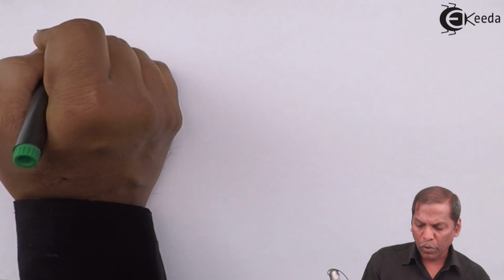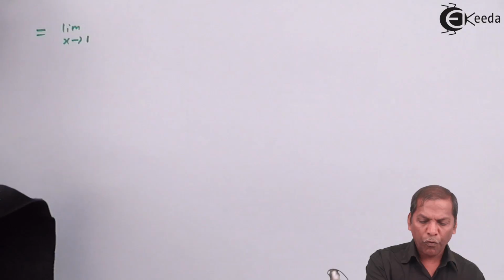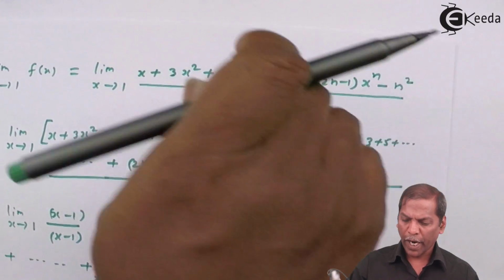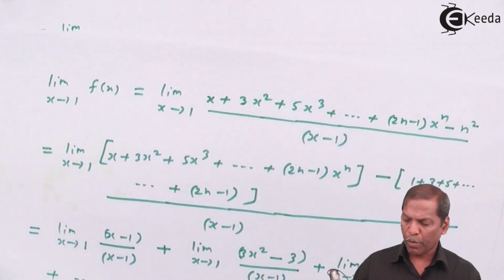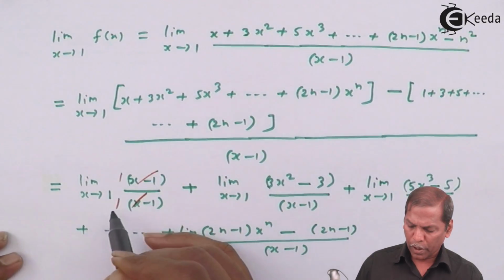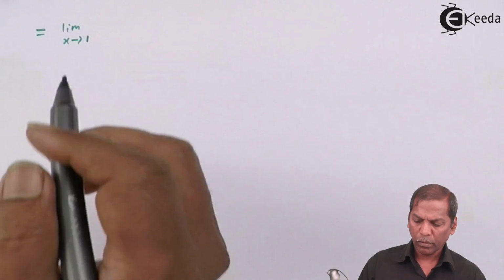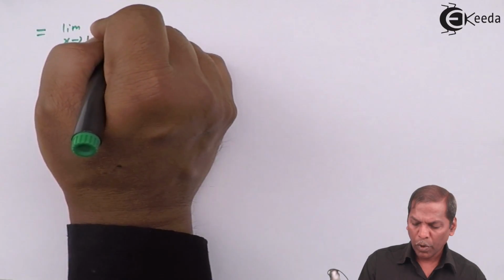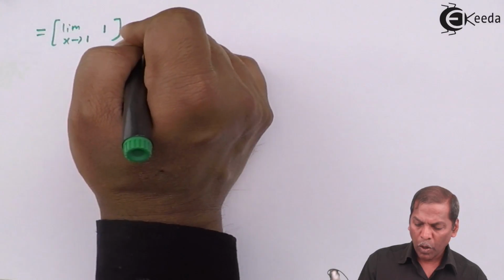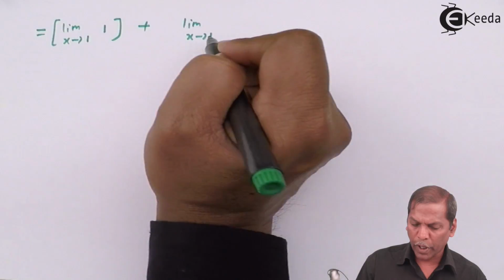So that is equal to limit x tends to 1. Now for the first part we cancel x minus 1 from numerator and denominator, so we get answer 1. Then plus limit x tends to 1.